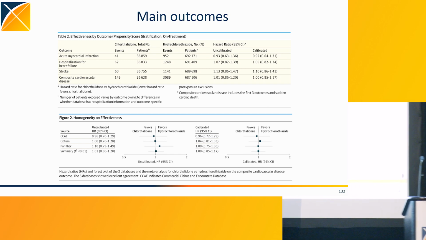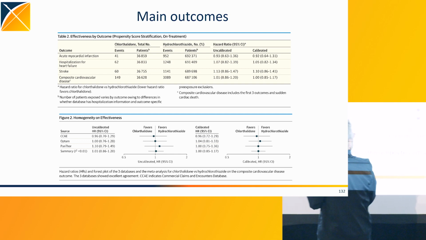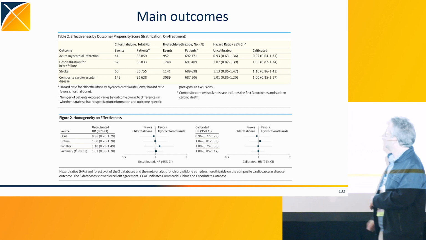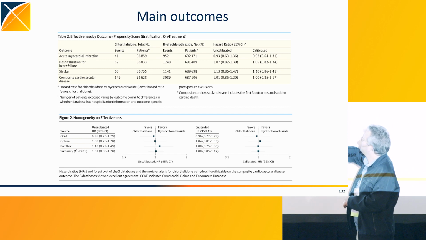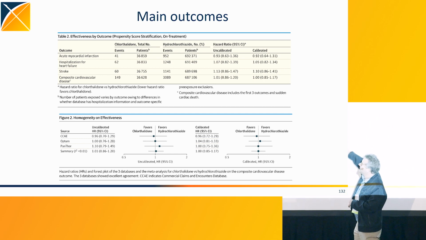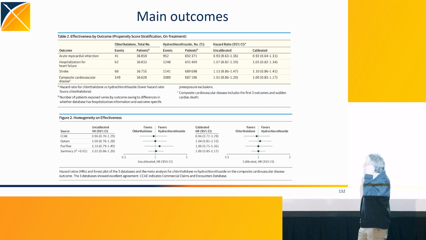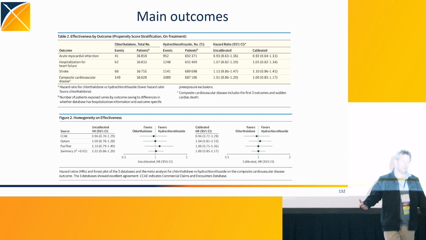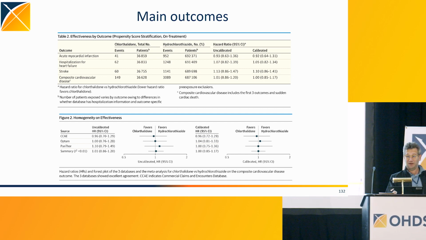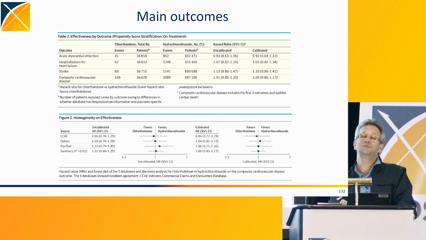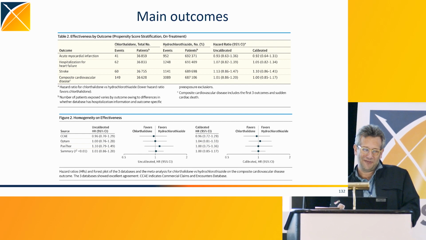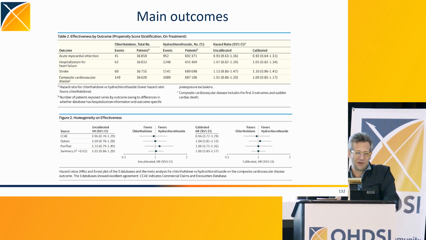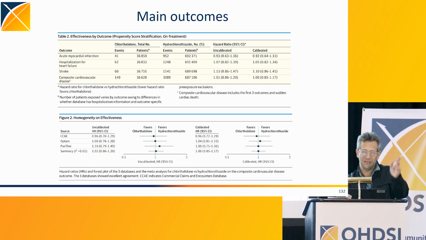It's probably easiest to look at the calibrated for residual systematic error hazard ratios across the 3 different data sets and a meta-analytic estimate, which strongly do not reject no difference in risk for major cardiovascular outcomes, irrespective of which drug you looked at.